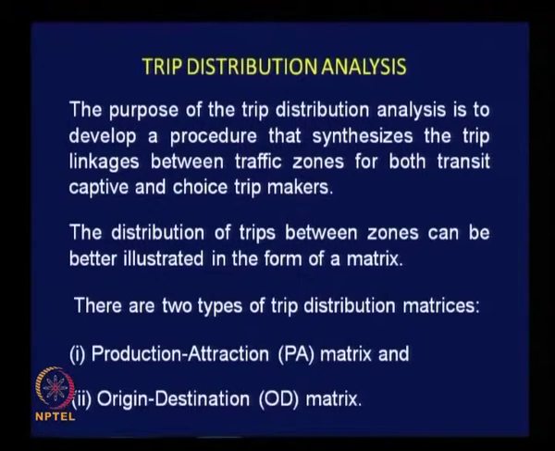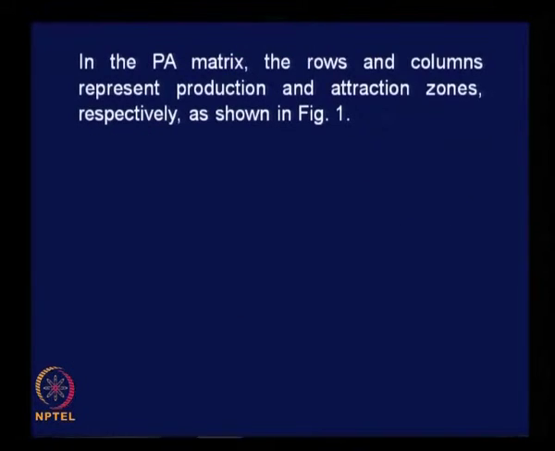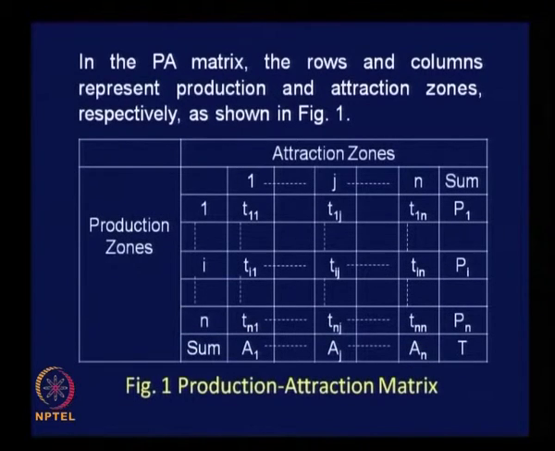Clear? Let us first take production attraction matrix and see how this matrix is prepared and how we understand the data set given in a PA matrix. This is the PA matrix. We are taking production zones along the row in the table and attraction zones along the column.